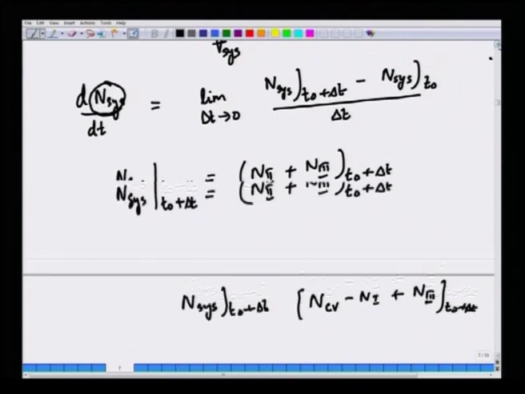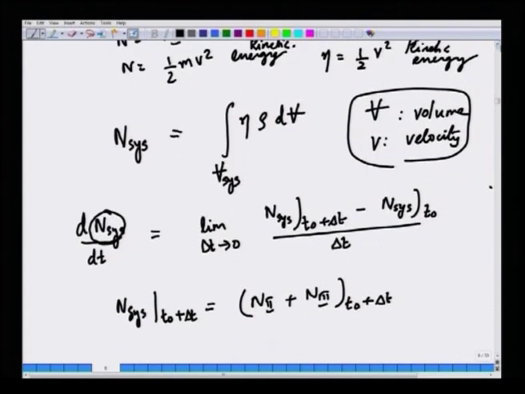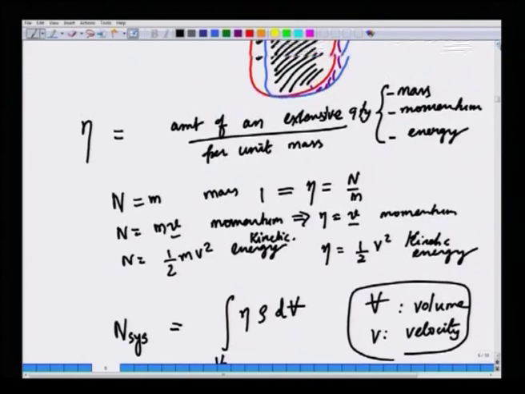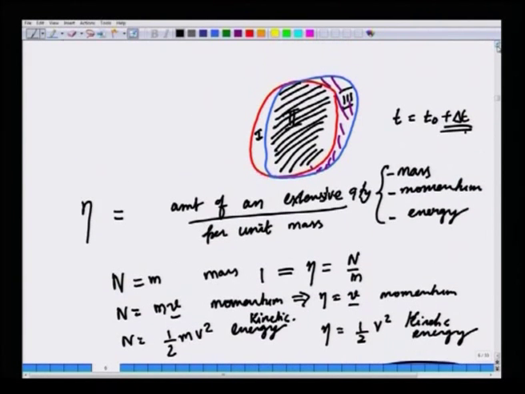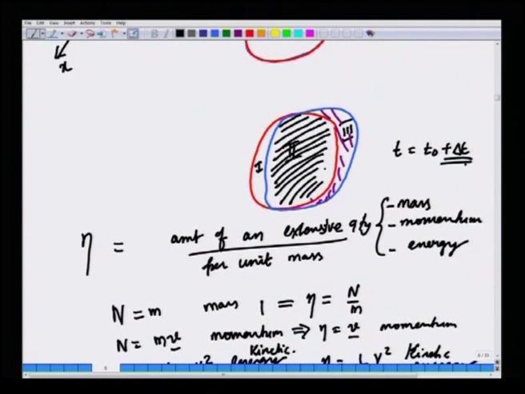To appreciate this better, we look at the figure. N system at time t0 plus delta t, the blue line, is nothing but N2, which is hatched by black lines, and N3, which is hatched by violet lines.